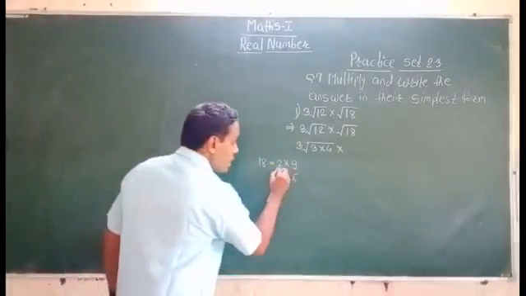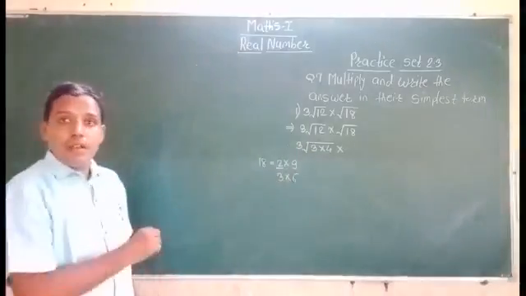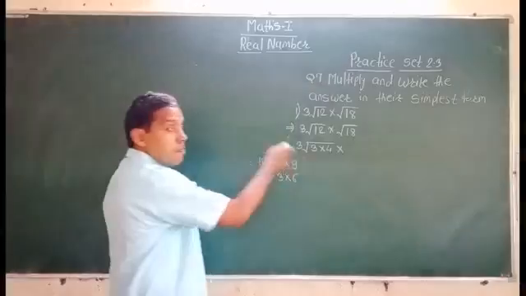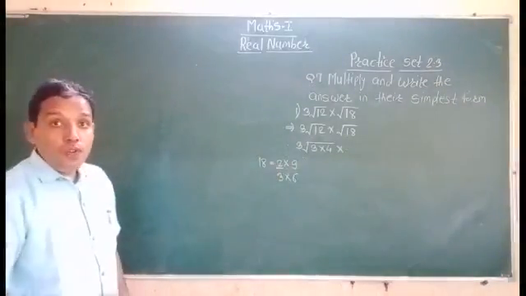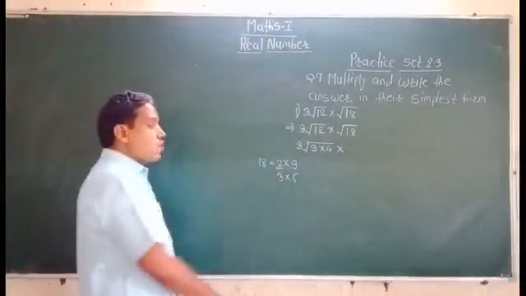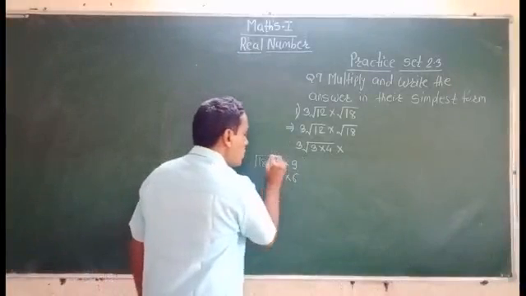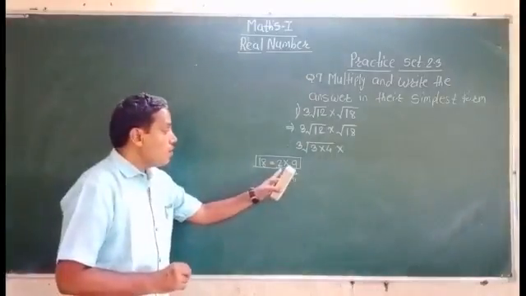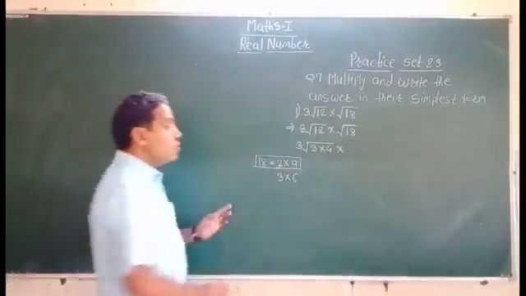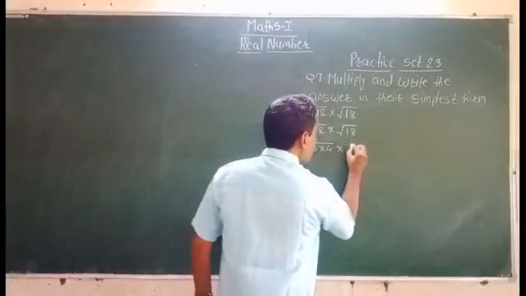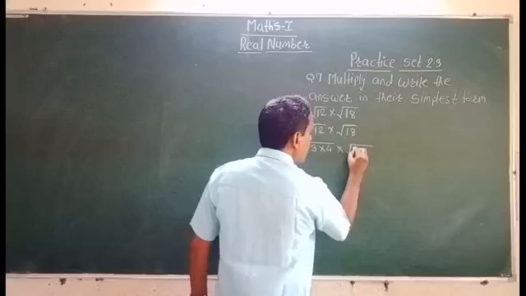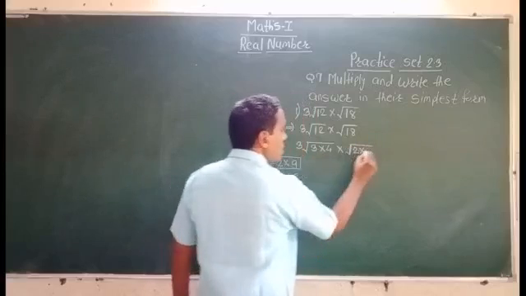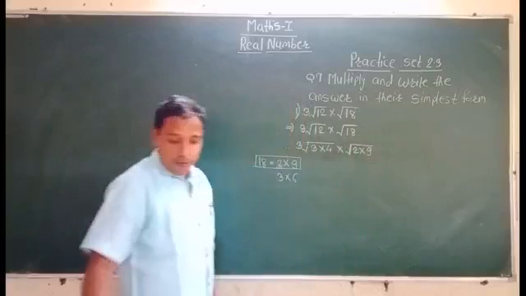That 2 is a prime number and 9 is a perfect square number. We know the square root of 9 is 3. So we have split up that 18 in the two-number product form as 2 into 9.